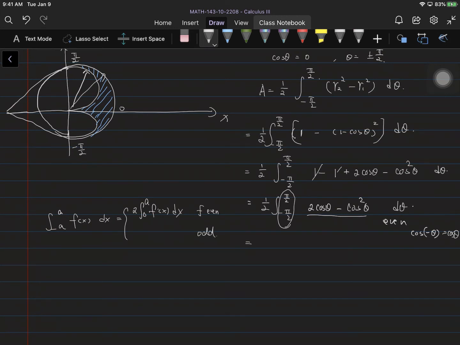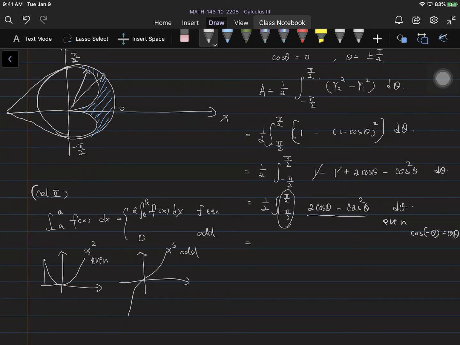If the function is odd, it's just 0. Do you still remember this property from calculus 2? And the best example, think about x squared and x cubed. X squared is an even function. X cubed is odd.